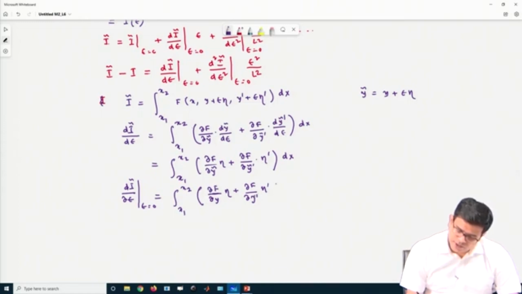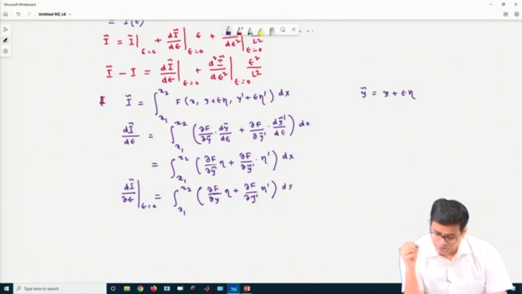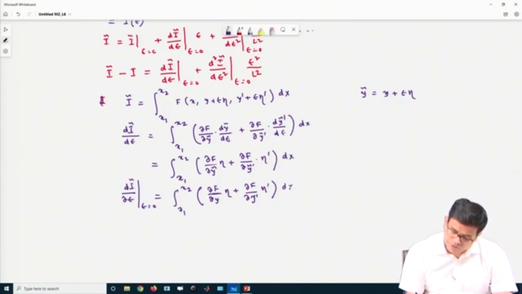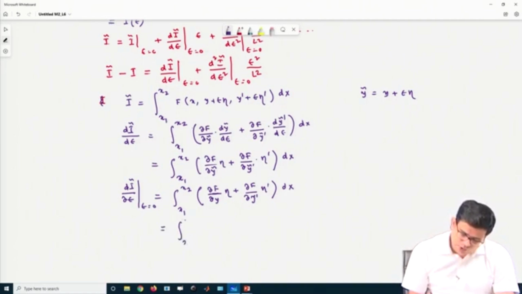So this is very simple for me. Now if I had to expand this, for instance, this is nothing but integral of x1 to x2 of del f by del y eta plus, now this I can do the integration by parts.